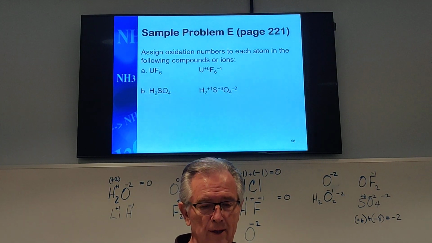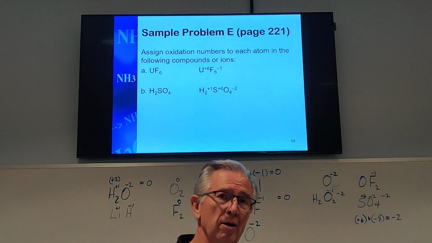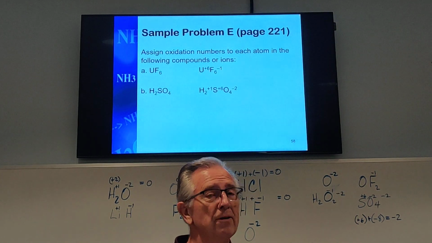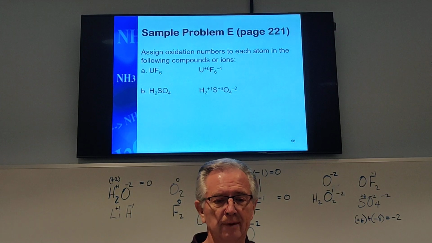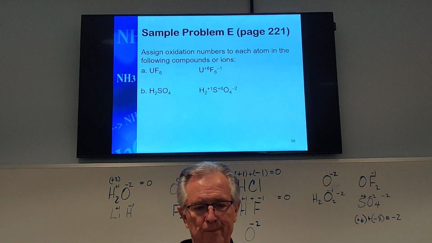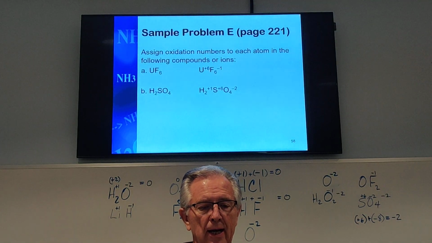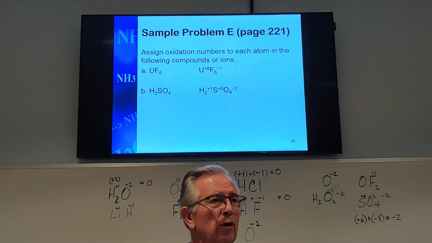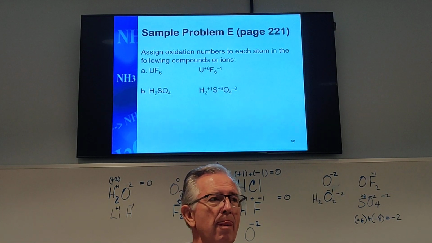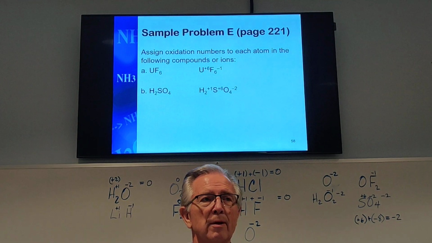Okay, what about that one? Now, this one has 3 parts: a hydrogen, a sulfur, and an oxygen. Just a reminder, oxidation state is for each atom. In H2SO4, which of those do we have rules for? Oxygen.